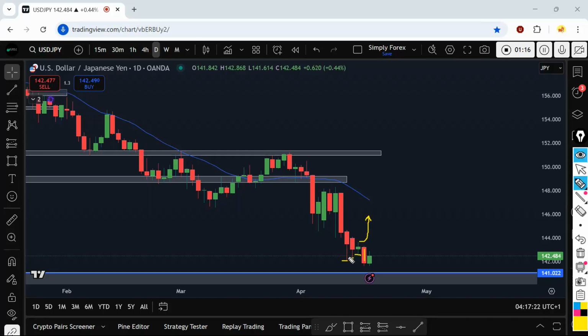There are buyers entering here, there's some wicks, and then bang, we get this candle. Buyers have given up, so sellers are in control. We've still got about 150 pips back down to this level. So that's what I'm looking to do: sell US dollar yen back down to there. So weekly and daily are telling me I can sell.